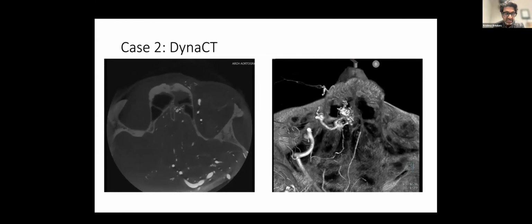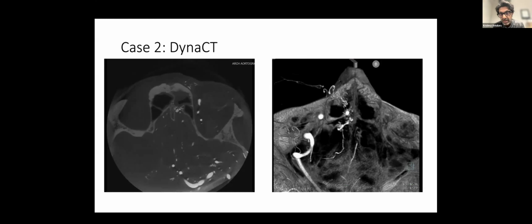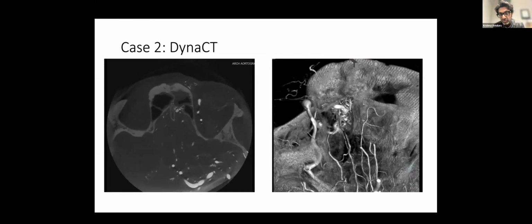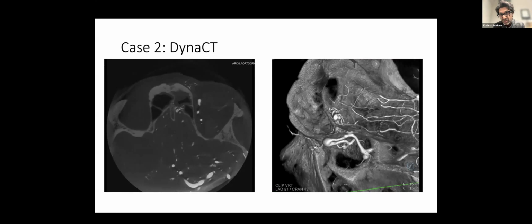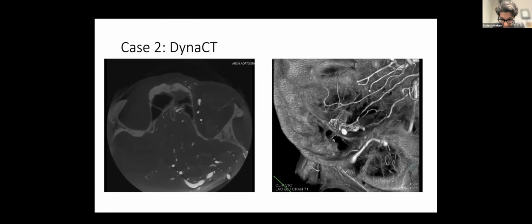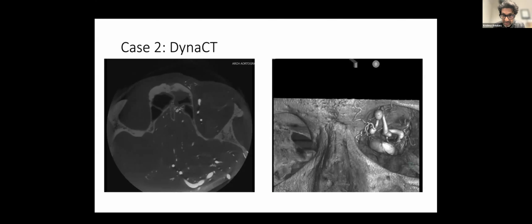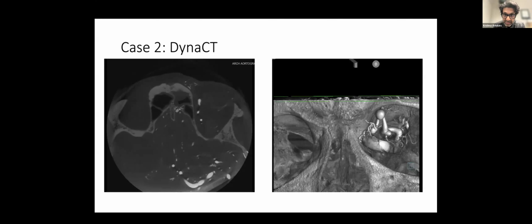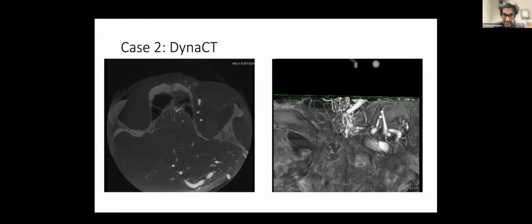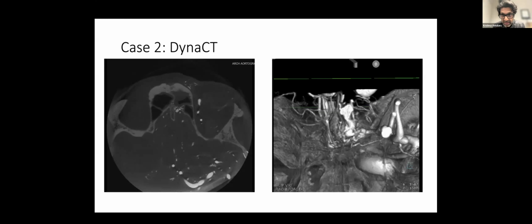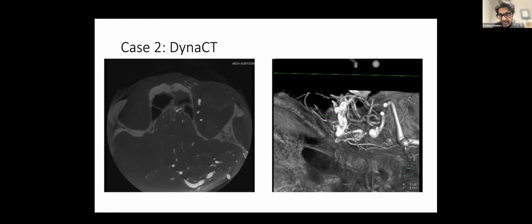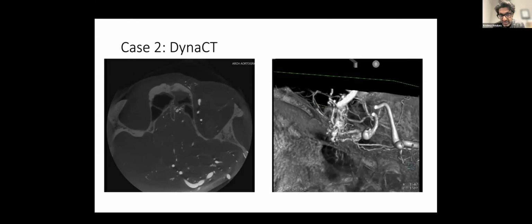This is a Siemens 14-second micro Dyna CT with the volume reconstruction. You can actually see the level of the fistula itself down through the ethmoidal air cells, cut away with clip planes. And again, this just allows you to see the anatomy in a much more detailed sense, the level of the fistula itself.